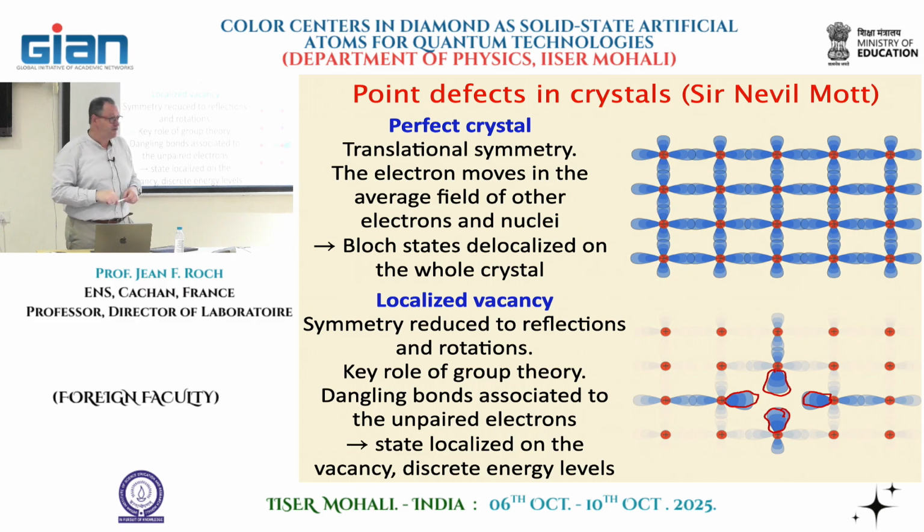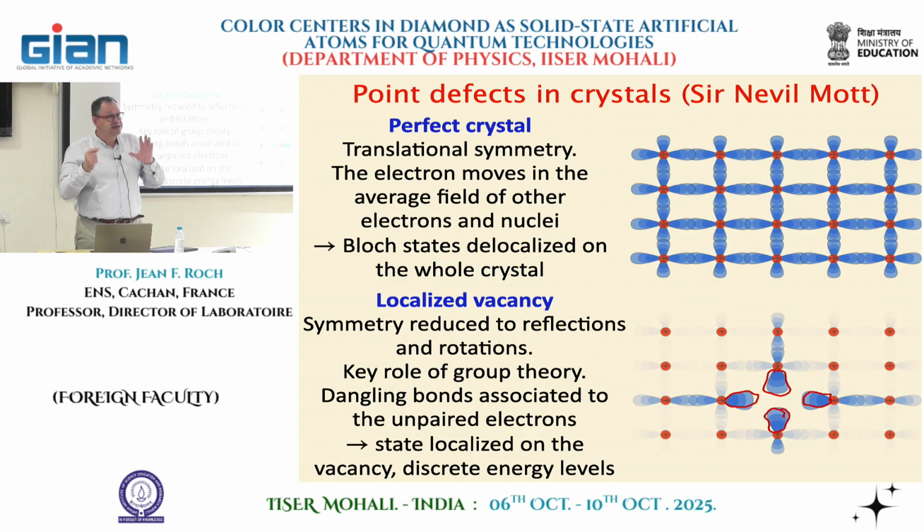And this will lead, for instance, to discrete energy levels. If you have a semiconductor, or wide bandgap semiconductors, those energy levels can be within the bandgap. And so you can address them as if they were an atom in vacuum. That's why we speak of an artificial atom. It's something that we have been able to create through the vacancy due to this effect.